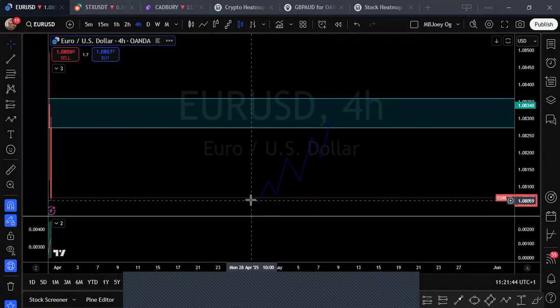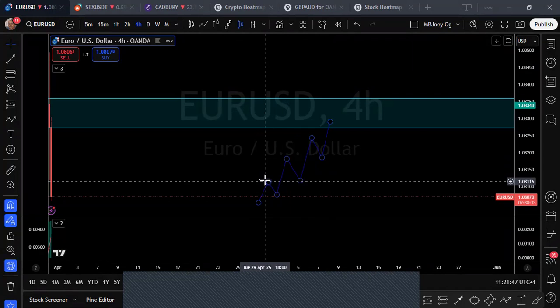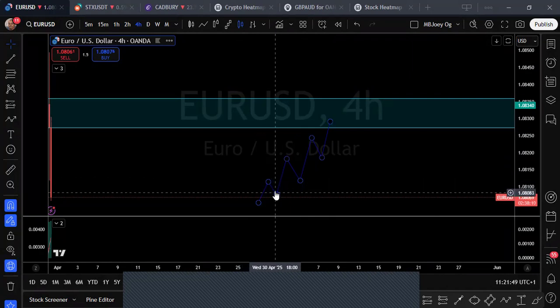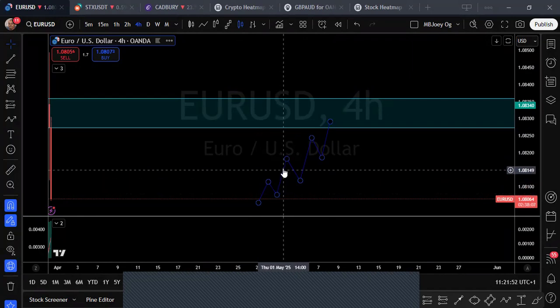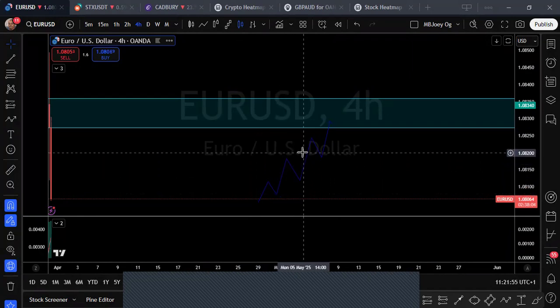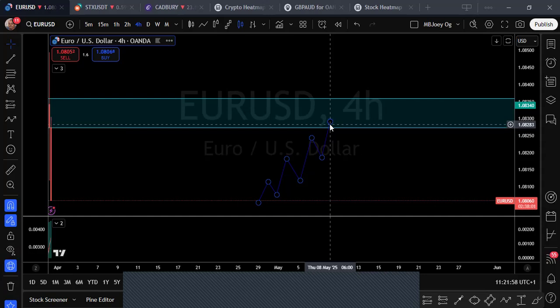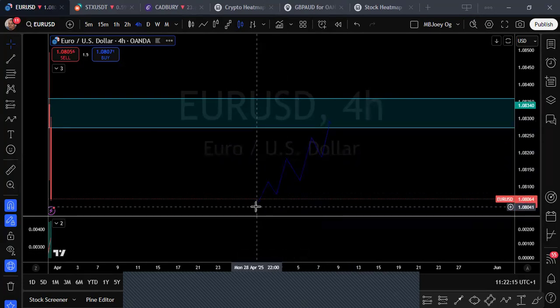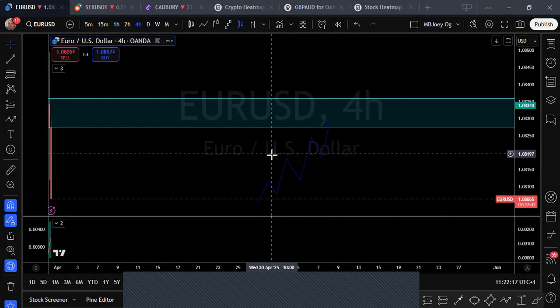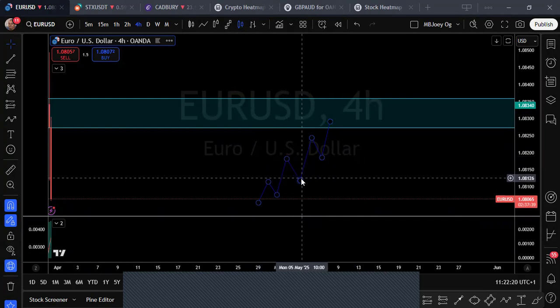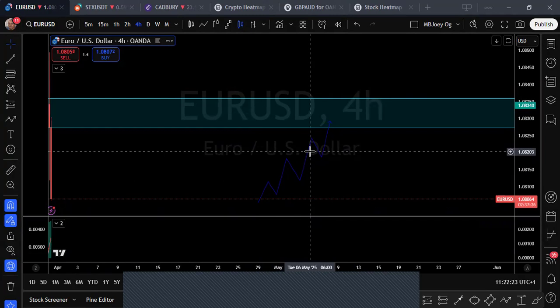It will create a low, create a high, a higher low, a higher high, higher low, higher high, and then a higher low, and it will continue like that. When you're talking about a trend, you're talking about a combination of higher lows or lower lows and things like that, depending on the direction. So if it is trending upward, it will be creating lows, highs, higher lows, higher highs, higher lows, and higher highs. Is it clear?